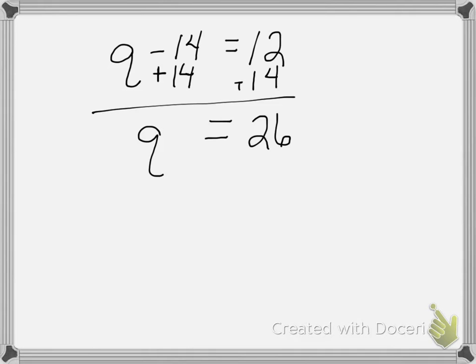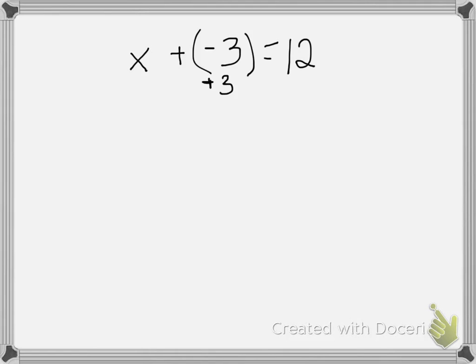So my goal is always to isolate the variable. I want to get it all by itself. So if I have x plus a negative 3 equals 12, I want to get rid of this negative 3. I want to get x all by itself. Since it's a negative 3, to get it to be 0, I want to have a positive 3.